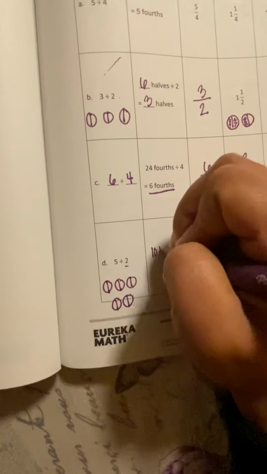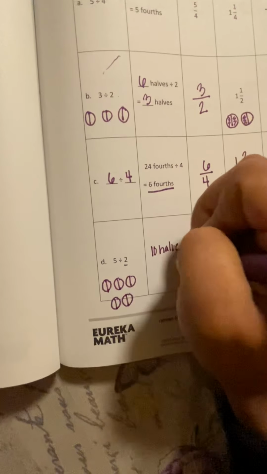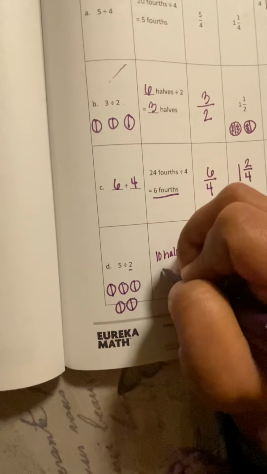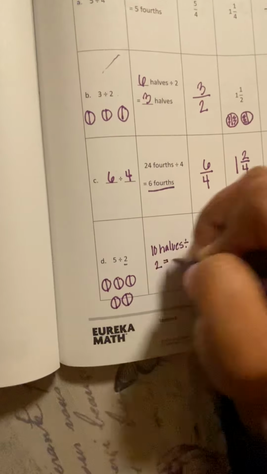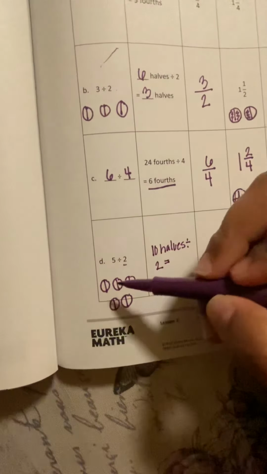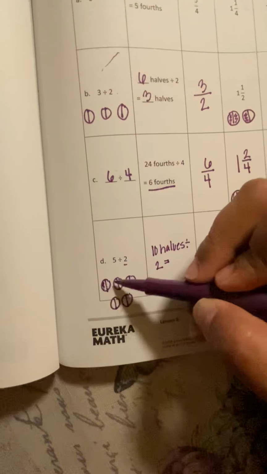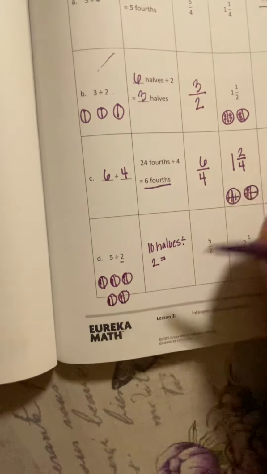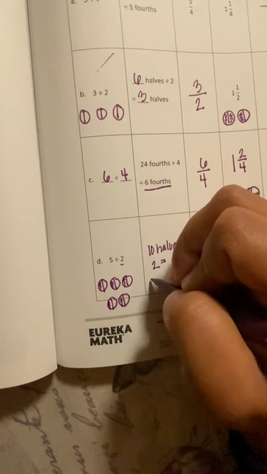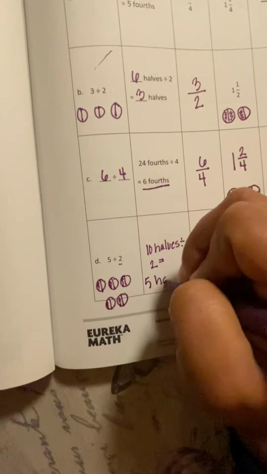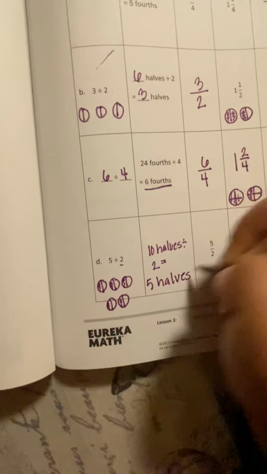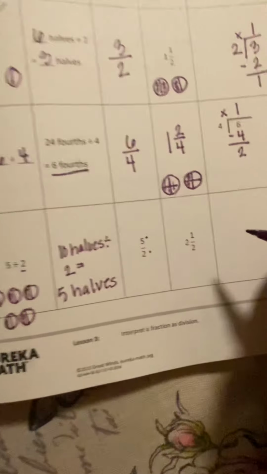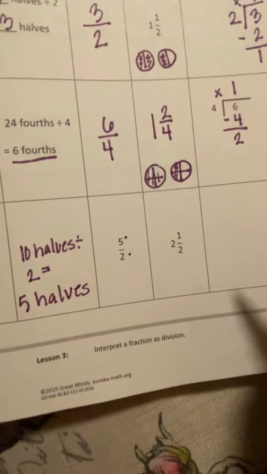I would have 10 halves divided by 2. And that would mean that each friend gets 1, 2, 3, 4, and 5. That means each friend would get 5 halves, right? 5 halves. And if we were to change that to a mixed number, we would get 2 and 1/2.